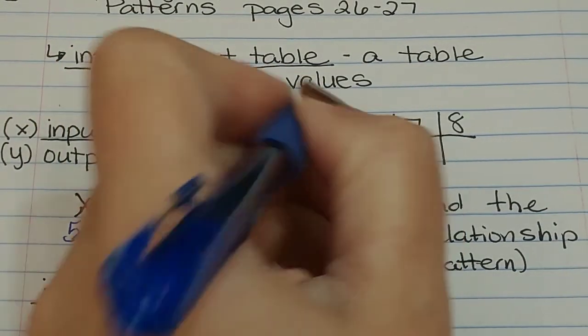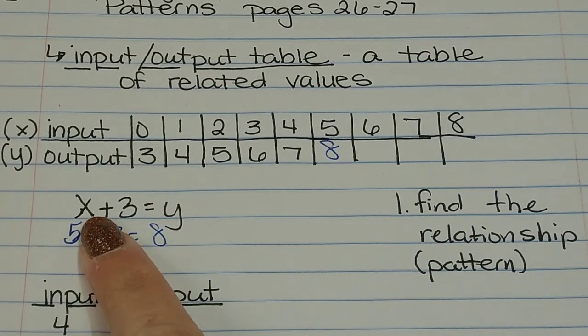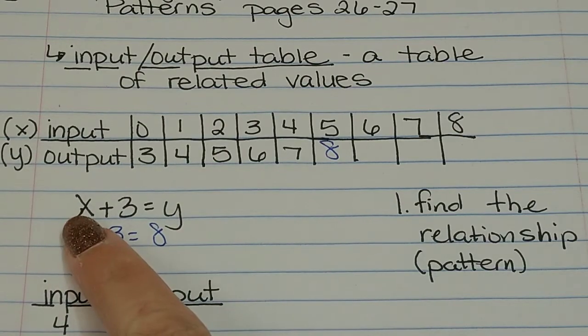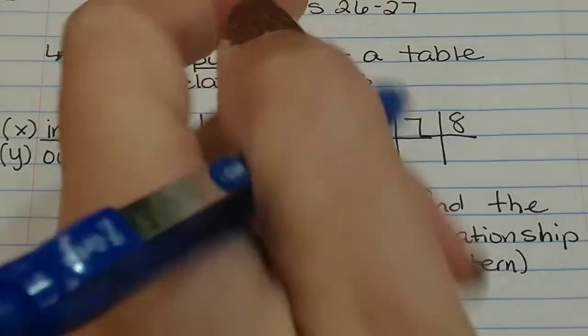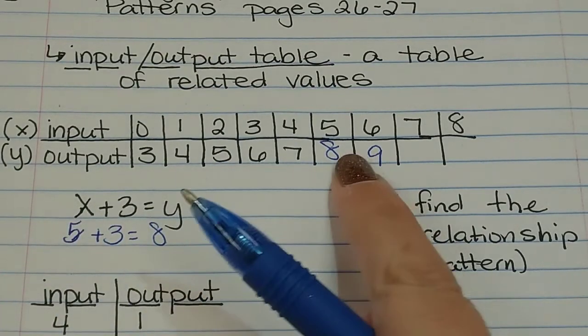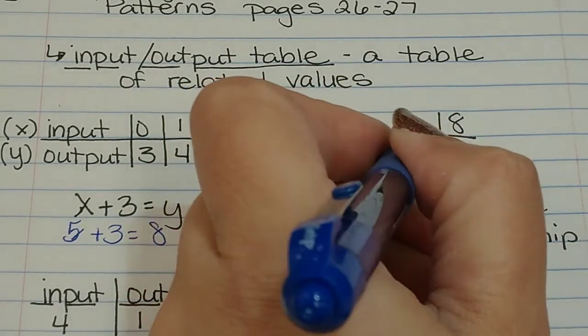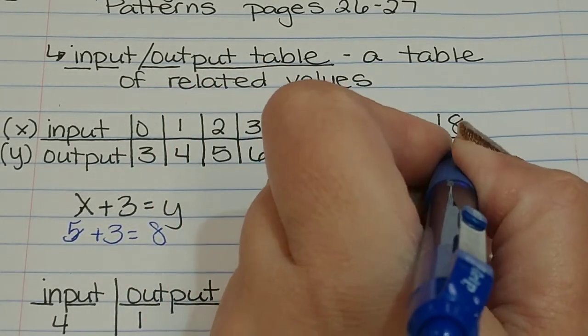So I have 8 here. Again, using the same expression, I have 6 plus 3 equals y, so that equals 9. So you can see that I'd be substituting for this section only, x equals 6, y equals 9. 7 plus 3 is 10, and 8 plus 3 is 11.